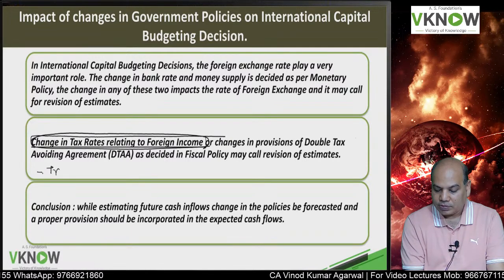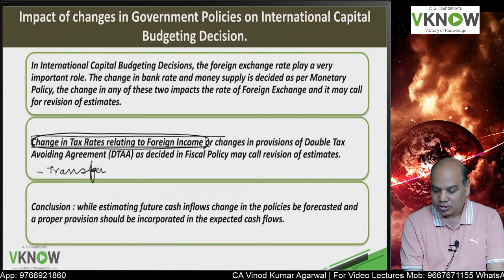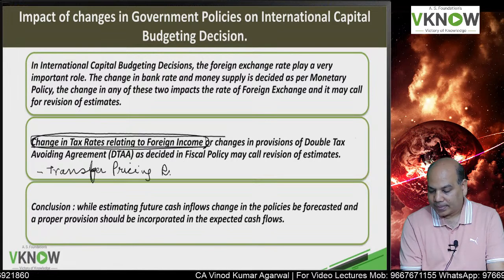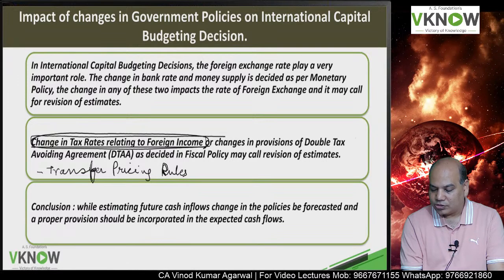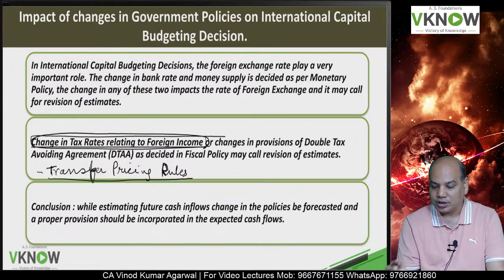Then there are transfer pricing rules. You can mention that also in the exam. Irrespective of the price at which you show in the books, the government says for tax purpose we are going to assume this is the price.